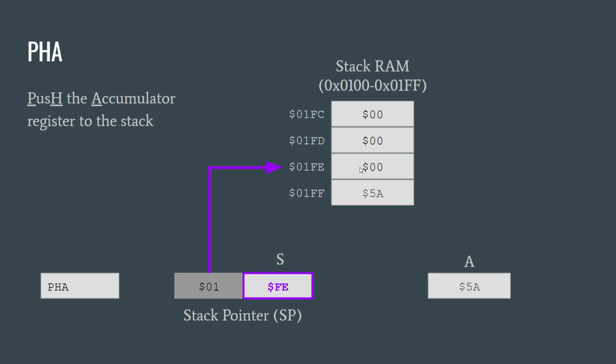So now the stack pointer points to the next location that can be used. And that's important, right? Because then we could do another PHA and we can kind of stack those books or values on top of each other. The PHA instruction doesn't affect any of the status registers, so none of those bits get set on that operation.